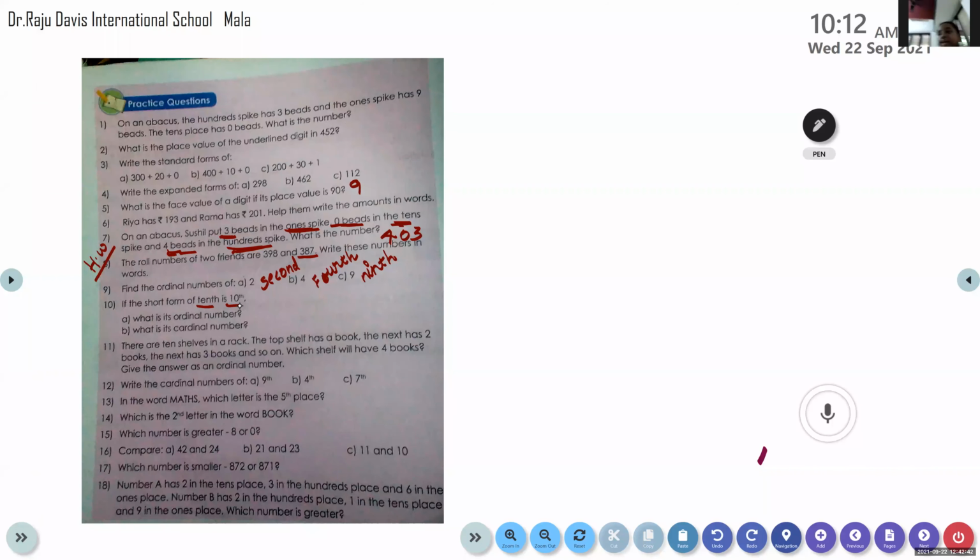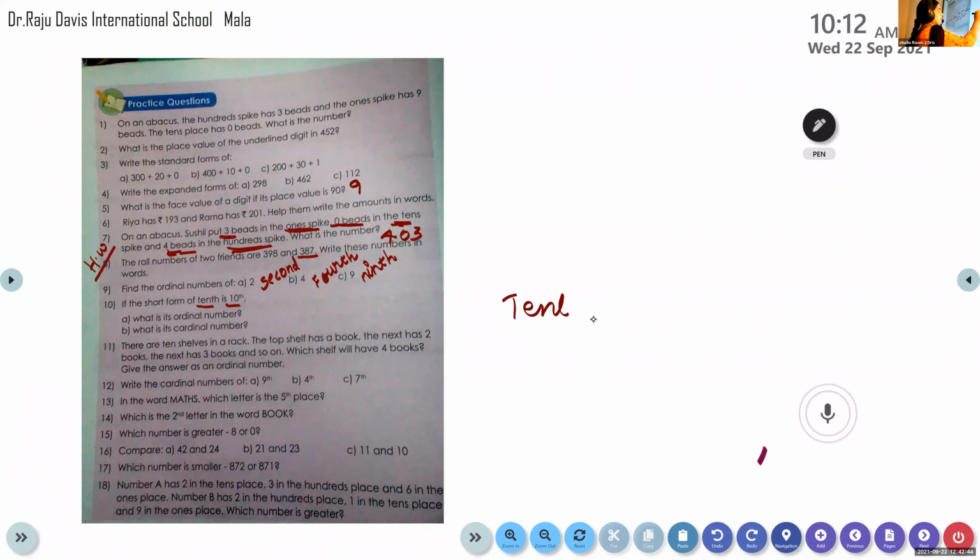Ordinal number. What is the cardinal number for that? Counting number for that? 10. Yes. So all of you write what is its ordinal number? That is 10th, T-E-N-T-H. It's already given in the bracket. You can write 10, that is the short form.